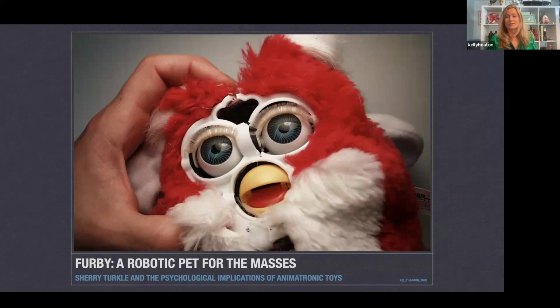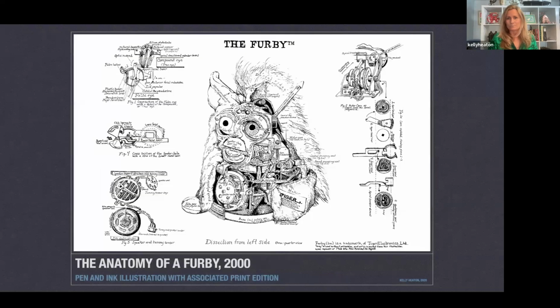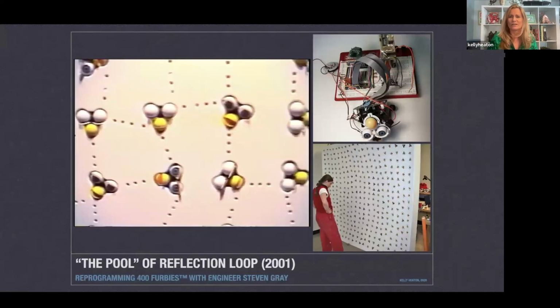But so I decided to make Furby a medium. Because I wasn't a great electrical engineer, I had to collaborate heavily, but I also relied on my skills as an artist, in this case an illustrator, who had studied science in a more traditional way. And I adopted 19th century anatomical illustration to do the anatomy of the Furby.